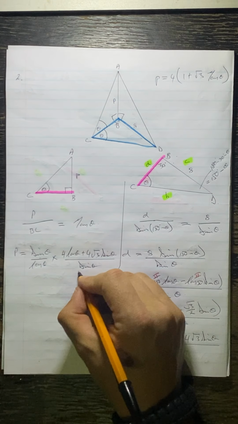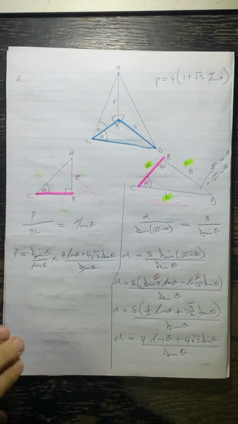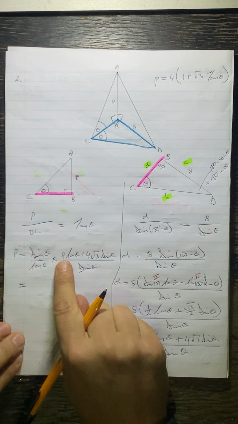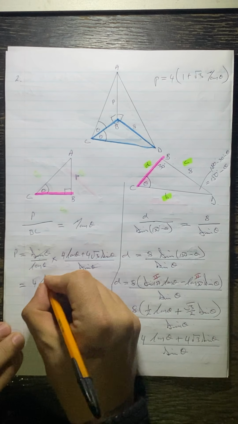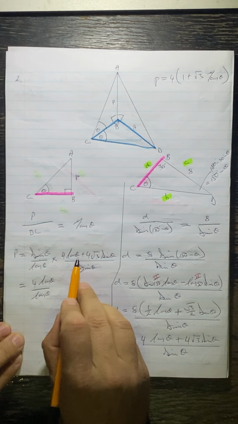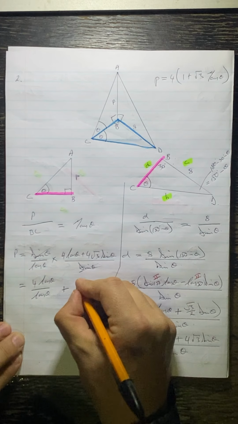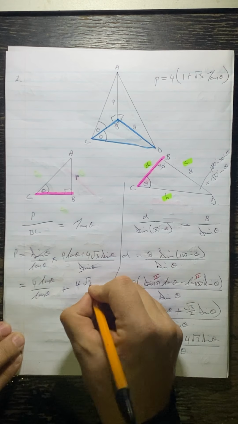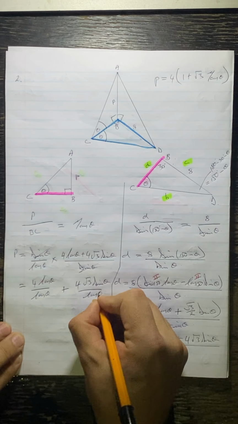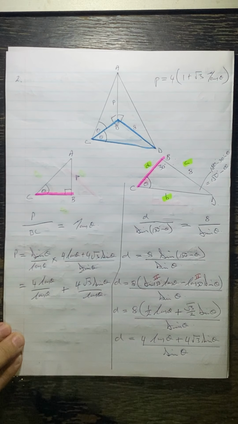Okay, so this sine theta and this sine theta will cancel. Then what am I left with? And I'm going to split this as well. So I've got this 4 cos theta over cos theta. Okay, so I'm splitting it. Plus, then that cos goes over there, 4 root 3 sine theta over cos theta. All right, because the sine's cancelled.